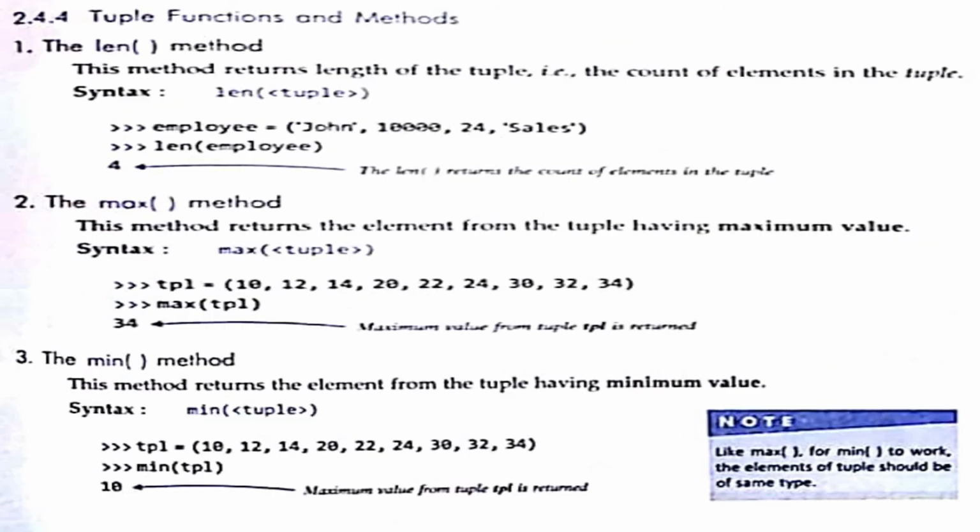Functions and methods of tuples. We have already discussed that the length function is the same as we have done in the list. This will tell you the length of the given tuple. Next is the max function. This method returns the element from the tuple having the maximum value.